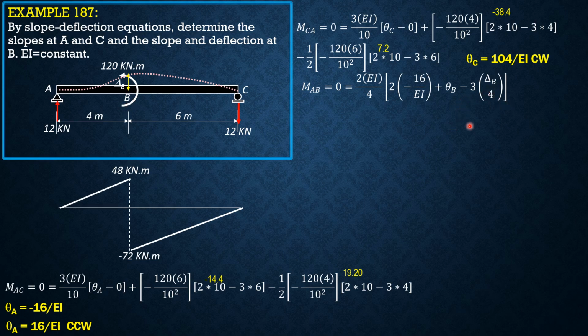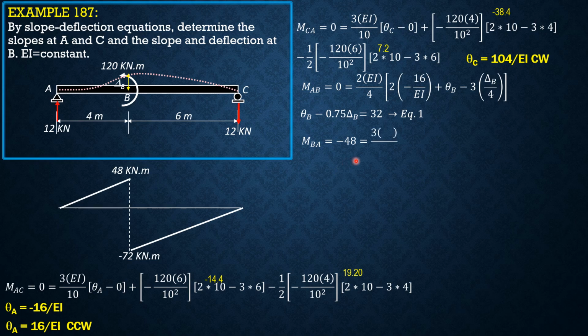So setting up the first equation, theta B minus 0.75 delta B equals 32. Call this equation 1.